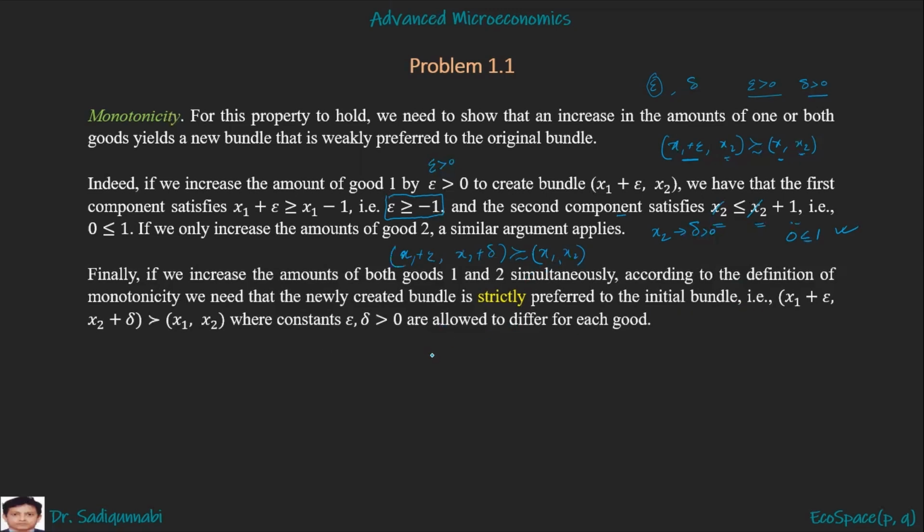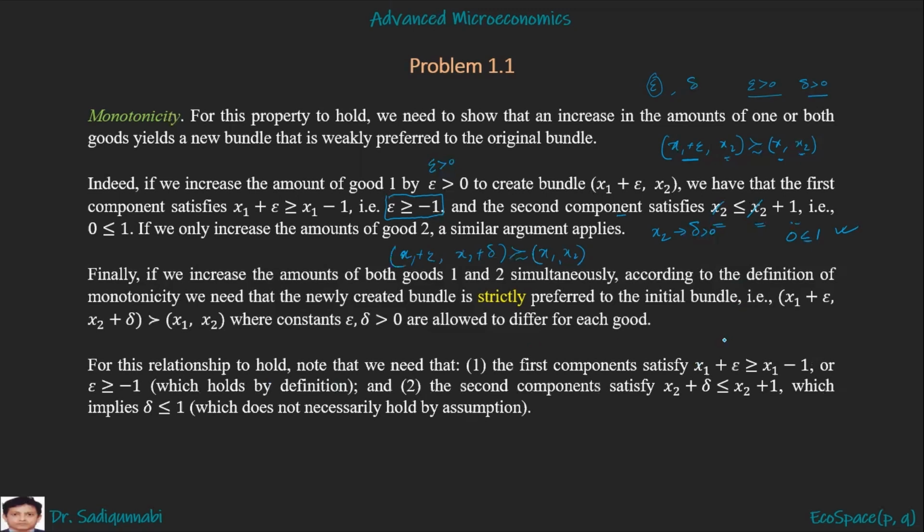For the first component, X1 plus epsilon should be greater than or equal to X1 minus 1. So X1 cancels out, and epsilon should be greater than or equal to minus 1. It is all right, no problem, because epsilon is positive. For the second component, X2 plus delta should be less than or equal to X2 plus 1.